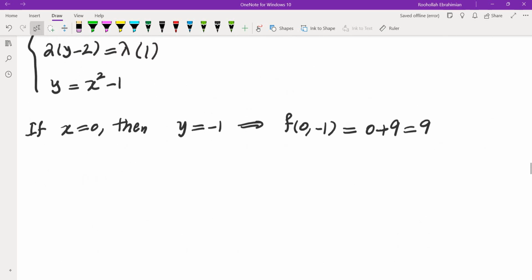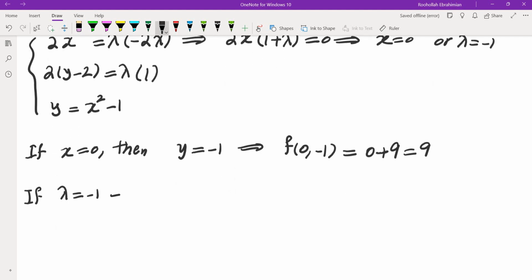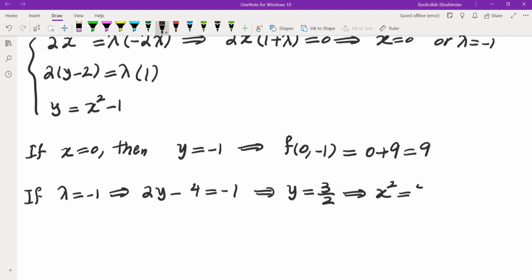Now we'll have to look at the other case. What happens if lambda is equal to -1? We'll plug it into the second equation. We get 2y minus 4 equals -2, and that gives us y equals 3 halves. If y is 3 halves, we get x squared equals 5 halves. So that gives us x equals plus or minus root 5 over 2.